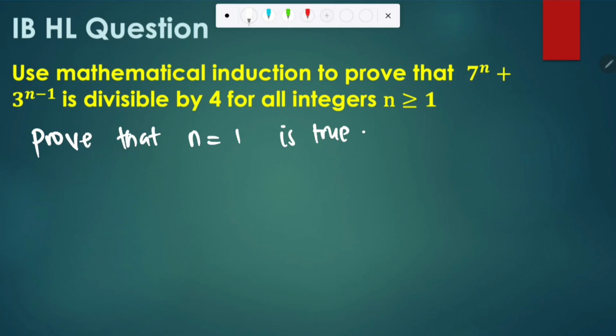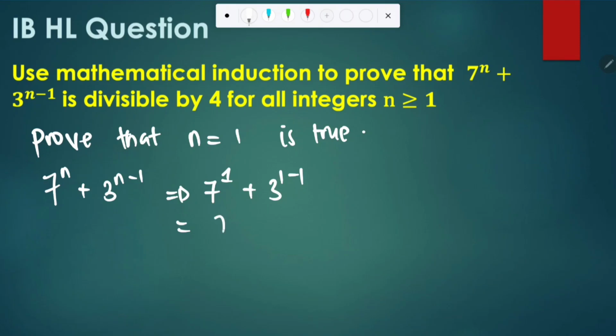So what we're going to do is basically substitute n equal to 1 into the formula, 7 to the power n plus 3 to the power n minus 1, and show that it is divisible by 4. So when n equal to 1, this would imply we'll have 7 to the power 1 plus 3 to the power 1 minus 1.